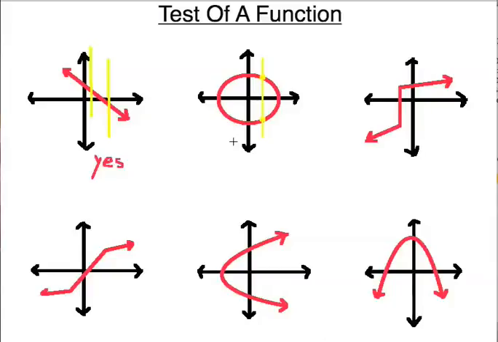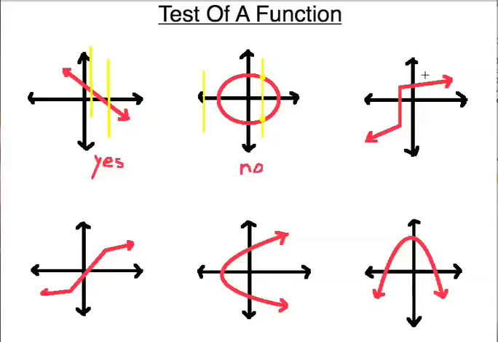I could have done that over here or just about anywhere on this oval shape. Now if I draw the line over here, it's okay, but the problem is if I can draw the line anywhere and make it fail the test, then it fails the test. And this does fail the test, so we have to say no, it's not a function.